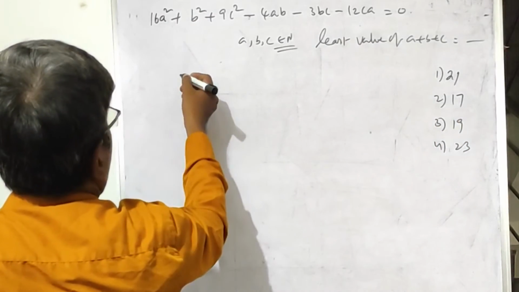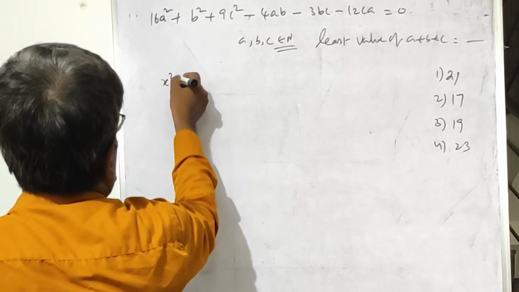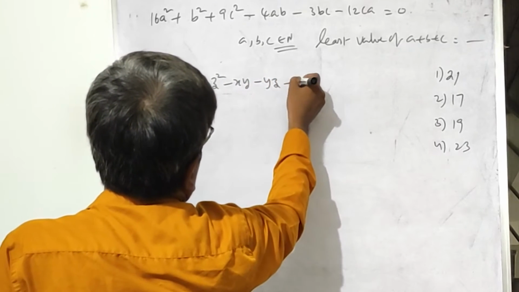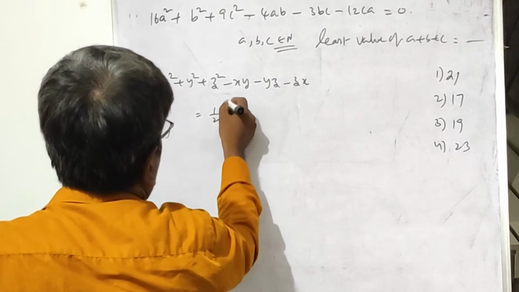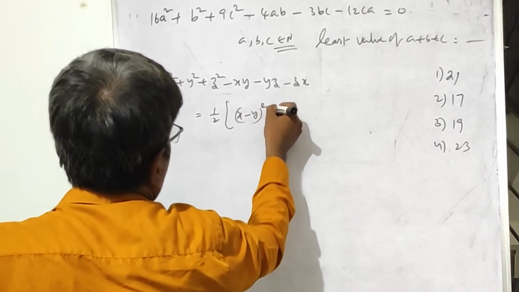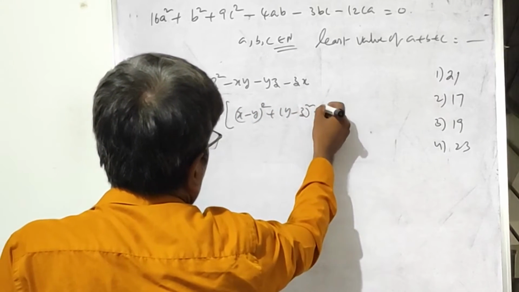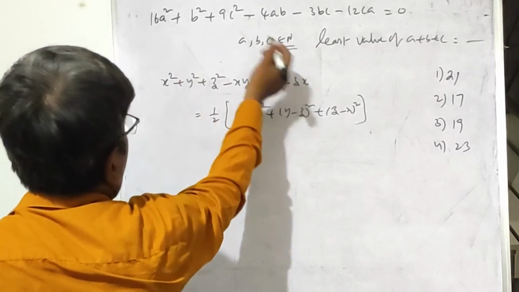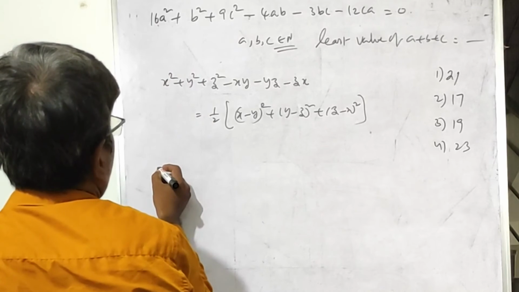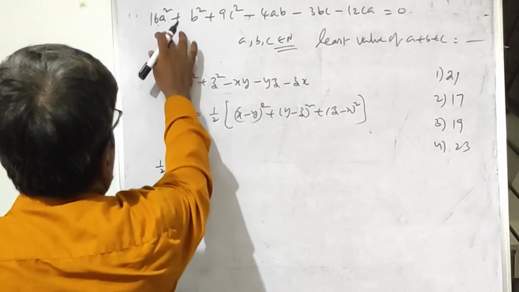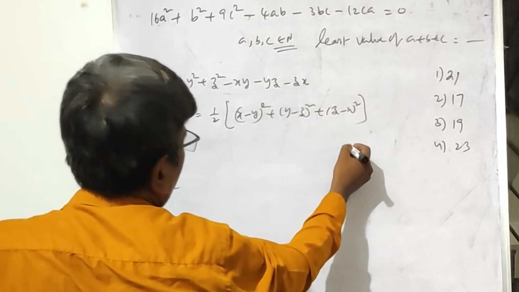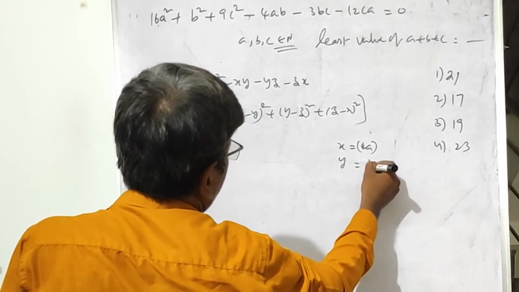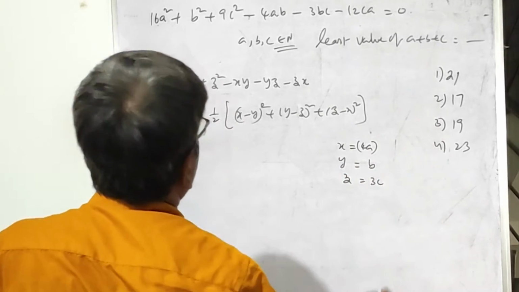Remember that formula. We already know that x square plus y square plus z square minus xy minus yz minus zx equals half into (x minus y) whole square plus (y minus z) whole square plus (z minus x) whole square. Here, x is nothing but 4a, y is nothing but b, z is nothing but 3c.